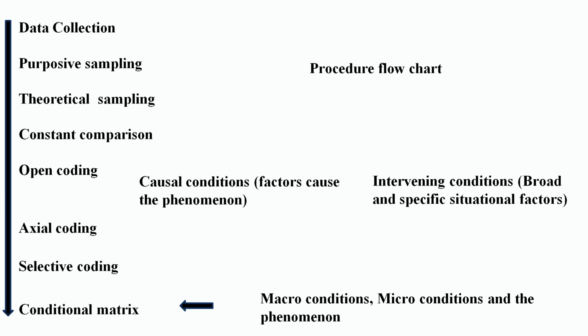And the second level is theoretical sampling. The data collection process continues as long as new information is coming. When the researcher finds that there is no new information, the information is saturated, and he or she stops the data collection.